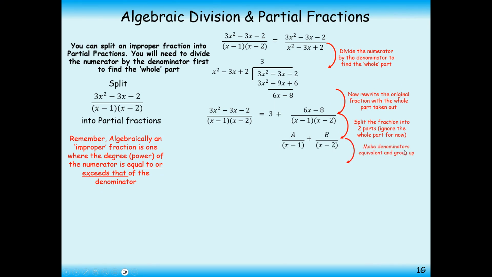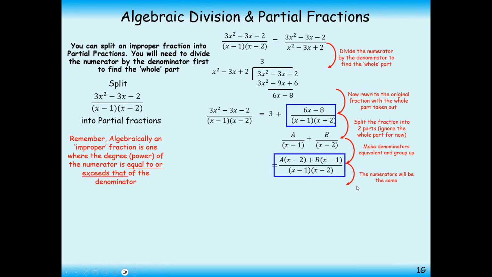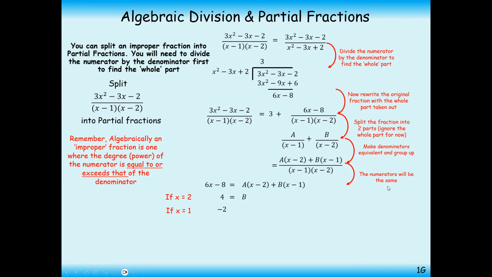will give us this. Okay, so just like before, we have to pretend that we are cross multiplying so that we get the right numerator. These two blue boxes will match. You can ignore the denominator and just deal with the numerators. Equate them to each other. Now, it doesn't matter which method you choose to solve it, it should give you the same answer. B is going to be 4 and A is going to be positive 2.